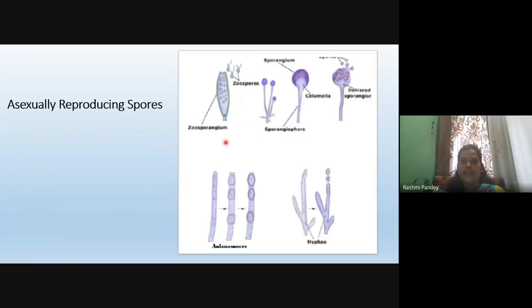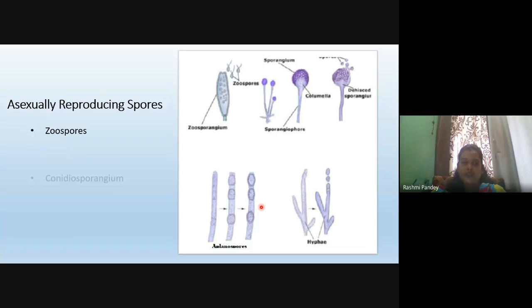Here some of the diagrams have been shown with different kinds of apparatus and different kinds of spores which may give rise to the same kind of species. So in Phycomycetes what we get are zoospores. This is a very common asexually reproducing spore found in the very lower or primitive Phycomycetes.